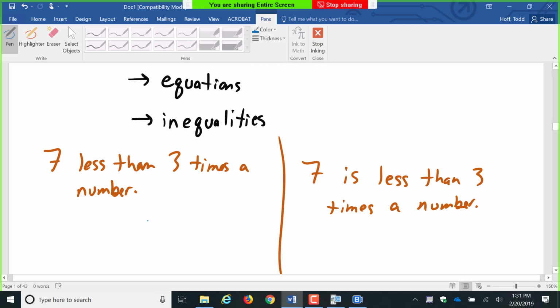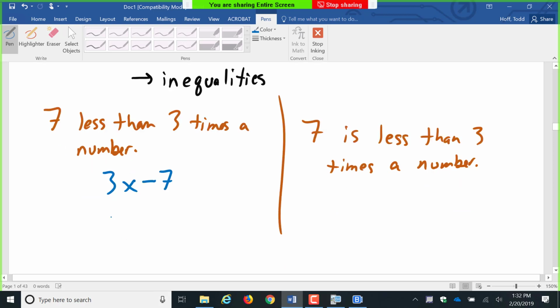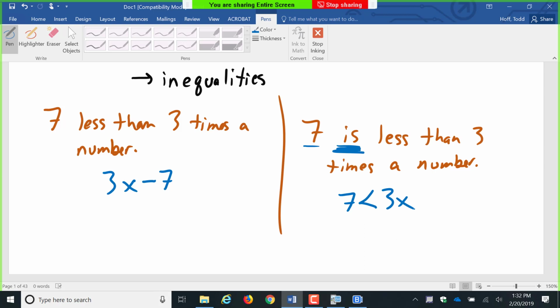Seven less than 3 times a number: 7 less than something means 7 is being subtracted from it. 3 times the number would be 3x or 3n, whatever variable you want to use. 7 is less than 3 times the number means 7 is less than 3x, like that. So a very subtle difference. Make sure you're very careful with those.